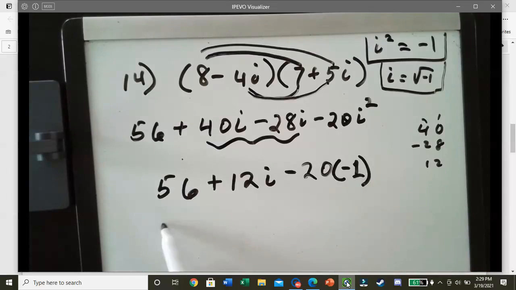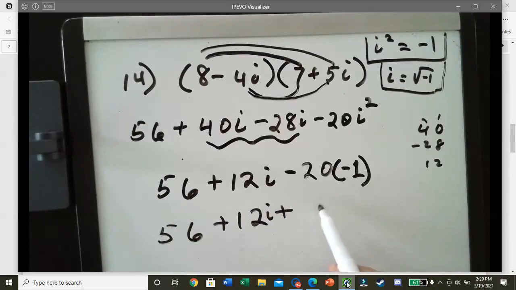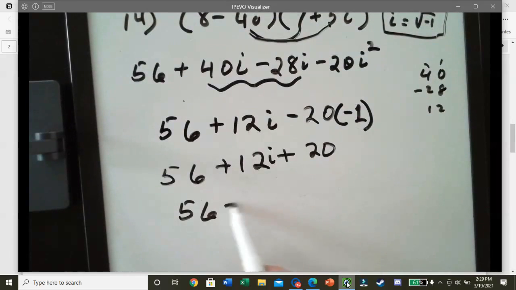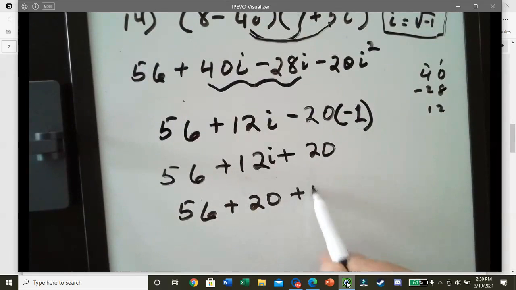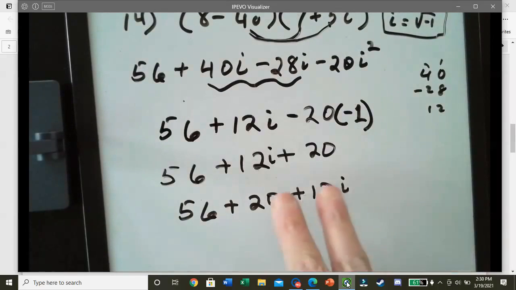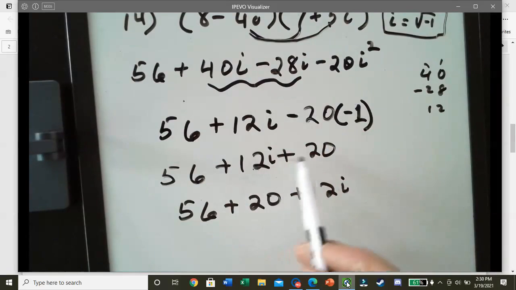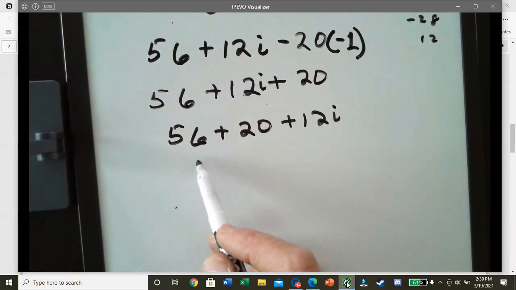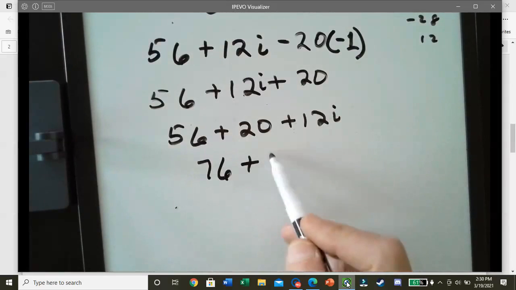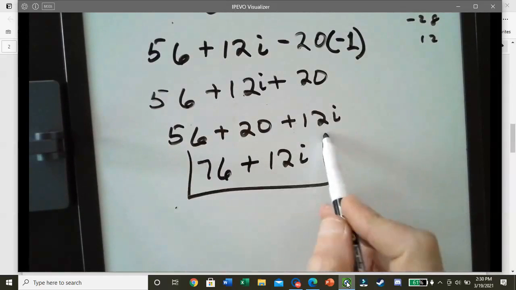Well, negative times negative is a positive, so this becomes 20. So we can combine 56 plus 20, plus 12i. All I did here was switch places. I didn't add or subtract. I switched places the 20 with the 12i so that we get the real numbers together. So 56 plus 20 is 76 plus 12i, and that's our answer.